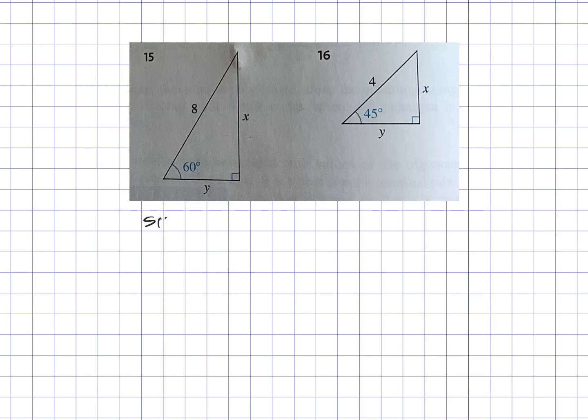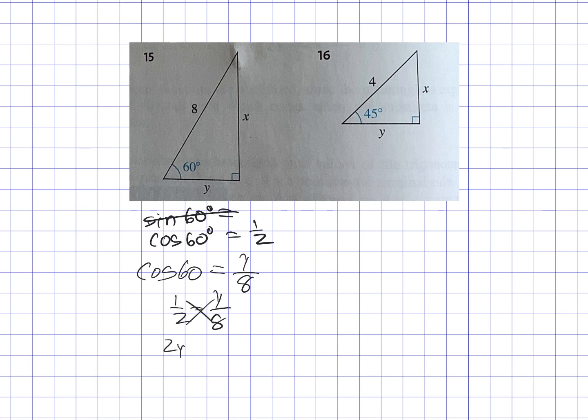Again, let's do cosine of 60. Cosine of 60 is the adjacent leg, which is the short leg, which is 1/2. Makes it easier. So the cosine of 60 equals the adjacent leg over the hypotenuse. Cosine of 60 is 1/2.